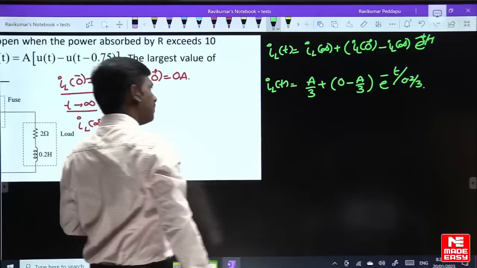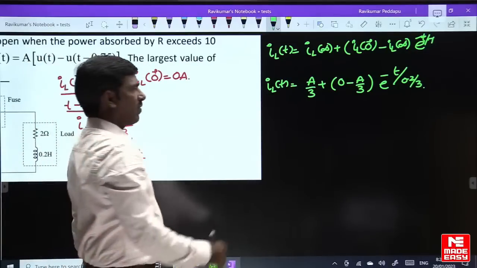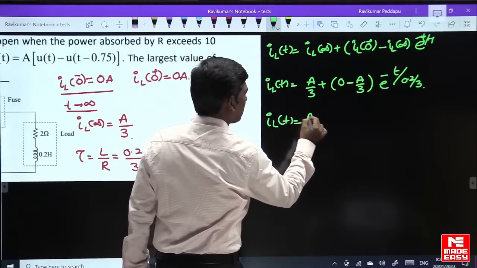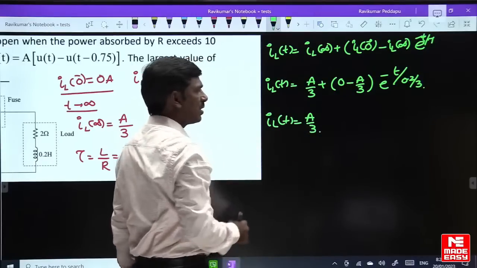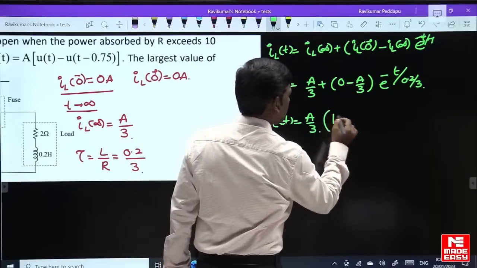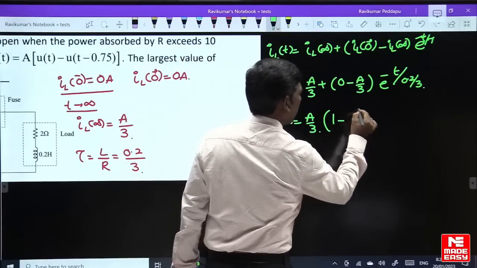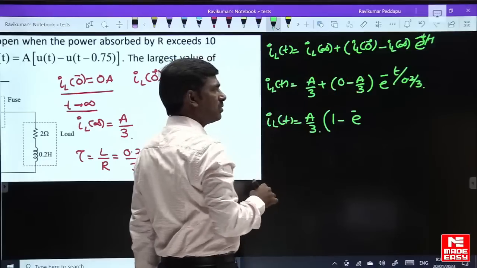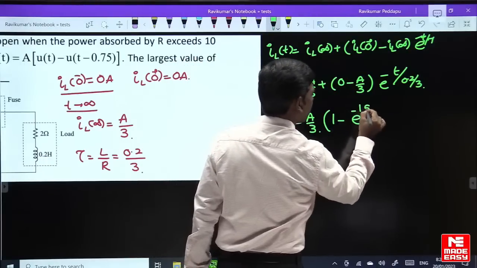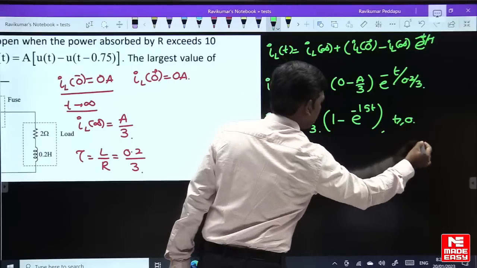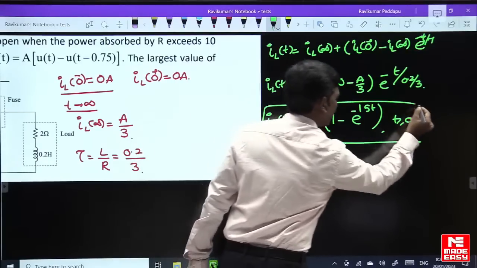Taking A by 3 common, IL of t is equal to A by 3 into 1 minus e power minus 15t. This is IL of t.